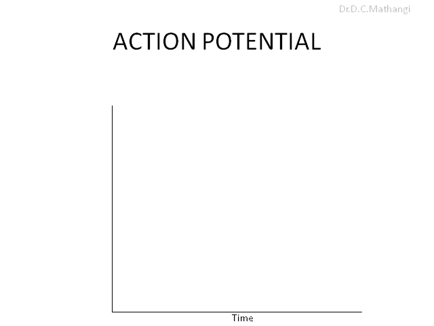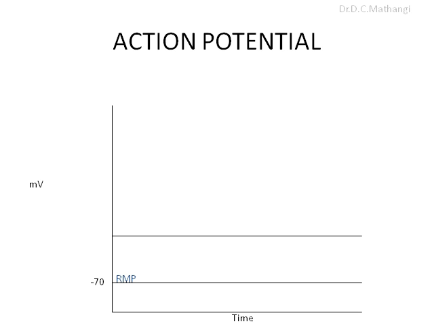When we record an action potential with time on the x-axis and the voltage change on the y-axis, this is how we get a graph. Before we go to the graph, let's take this excitable tissue has a resting membrane potential of minus 70 millivolts, and it has a firing level of minus 55 millivolts.